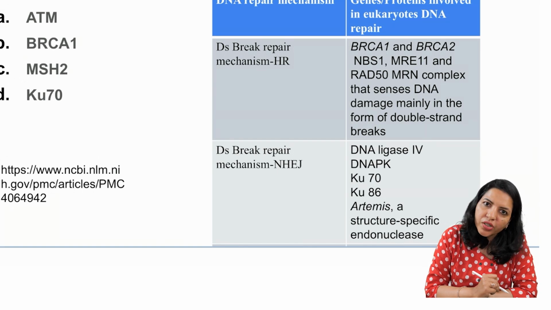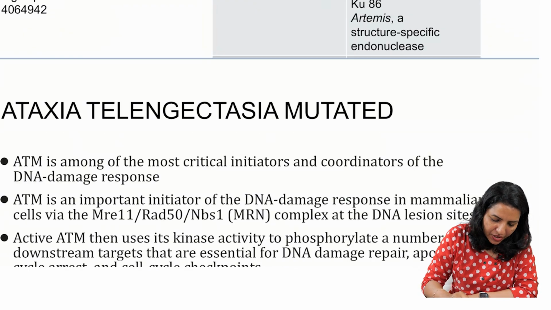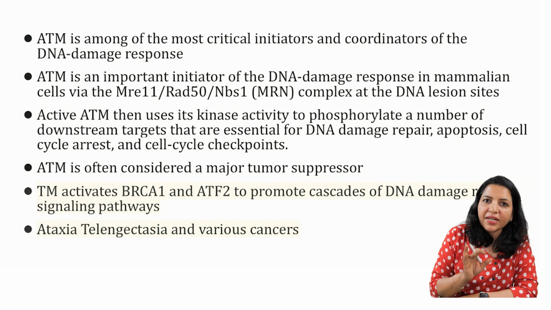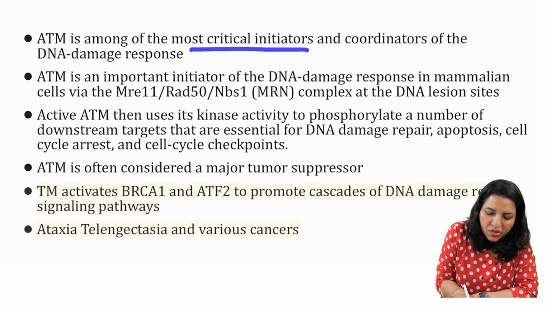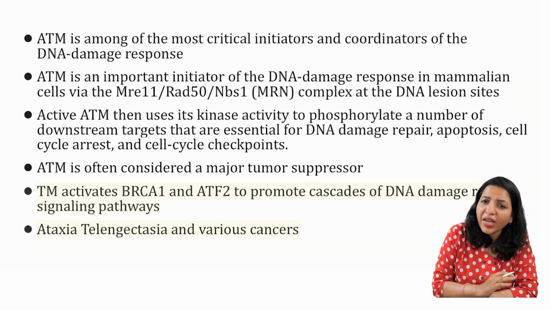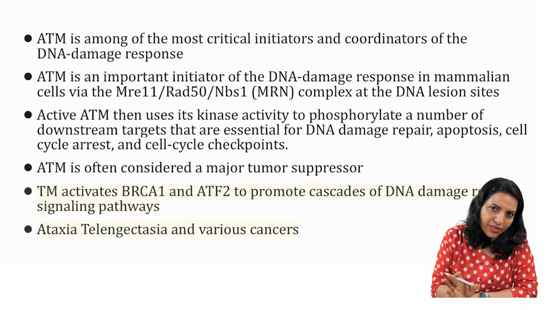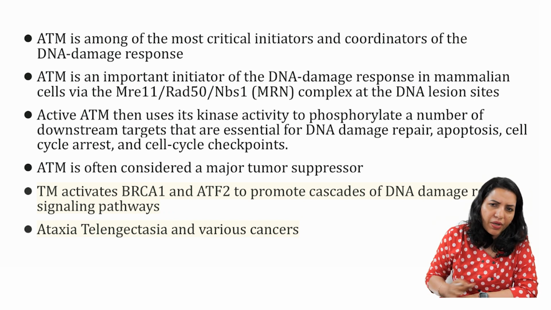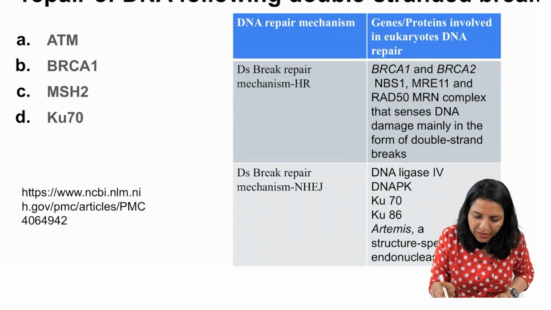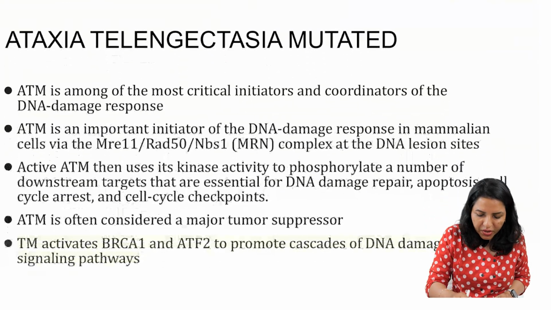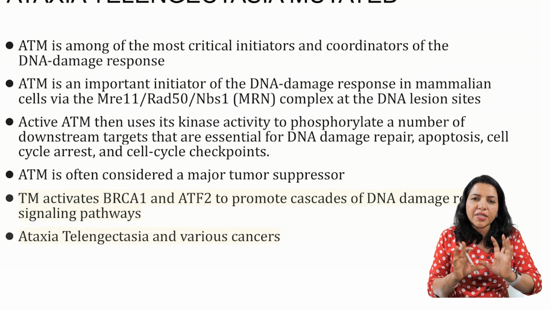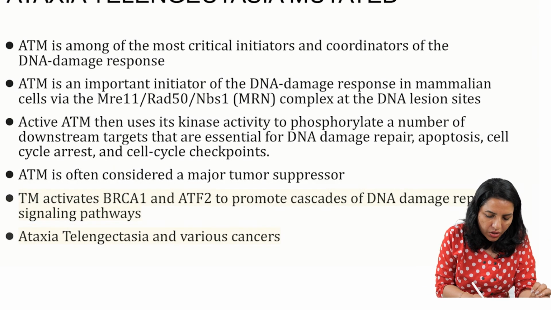So let me tell you the importance of ATM here. ATM means ataxia telangiectasia mutated. This is one of the most critical regulators of every repair mechanism, not only for double strand repair, for every DNA repair mechanism. Have you seen the MRN complex for HR? What is that MRN complex? MRN is a complex of 3 proteins called MRE11, RAD50 and NBS1.